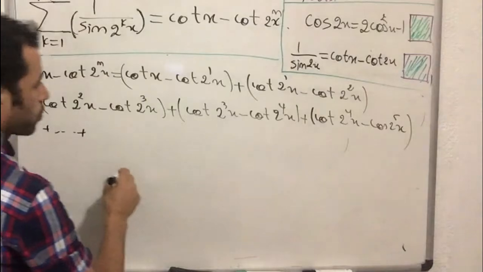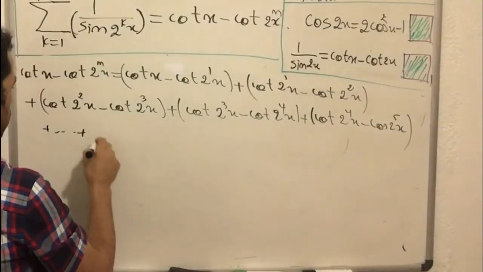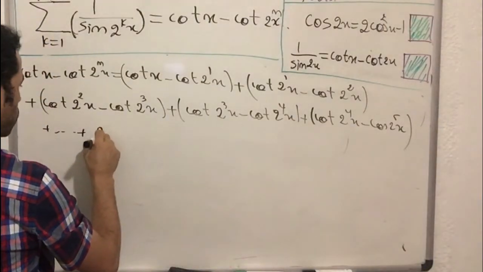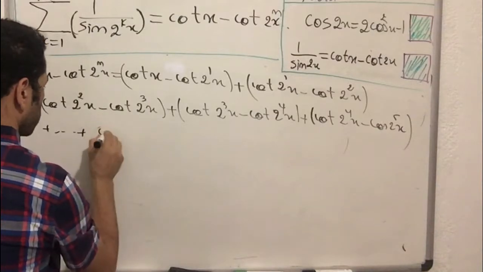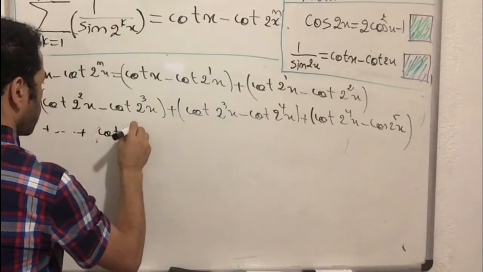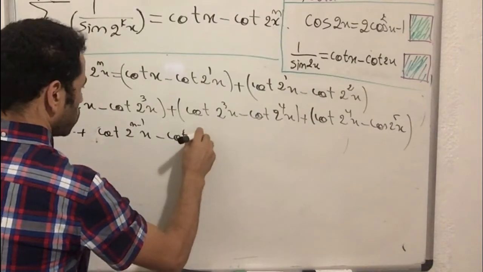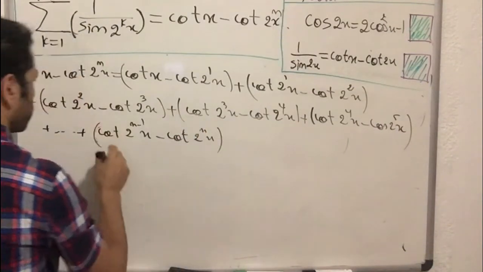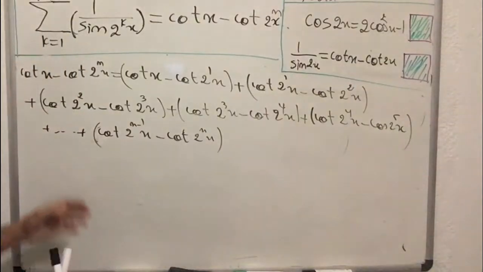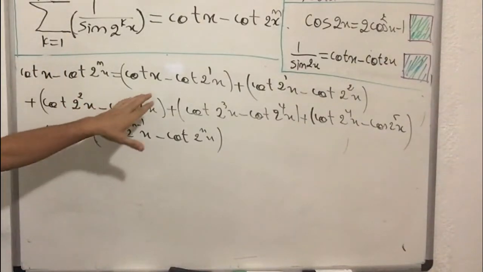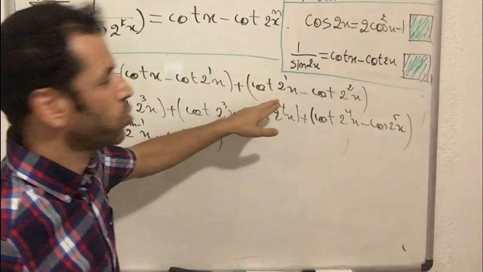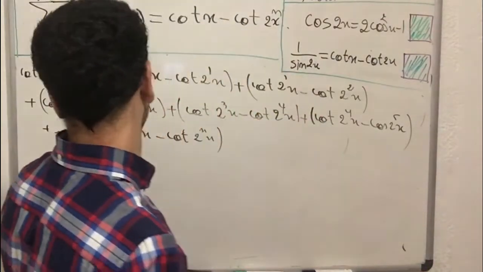The last term is cotangent 2 to the n minus 1 x minus cotangent 2 to the n x. What I'm trying to do here is just adding something, subtracting something, adding something, subtracting something.